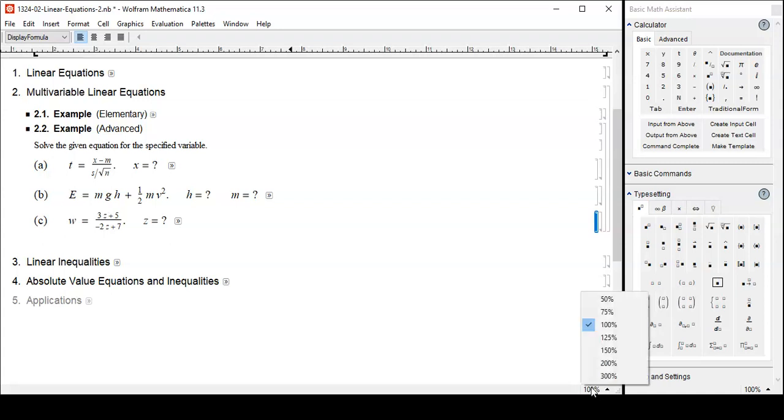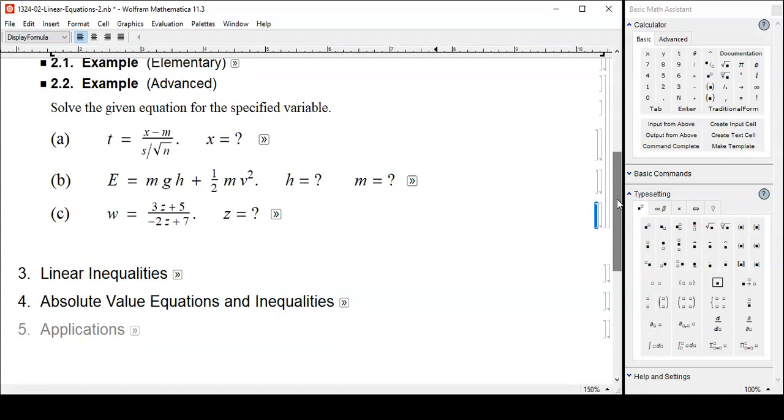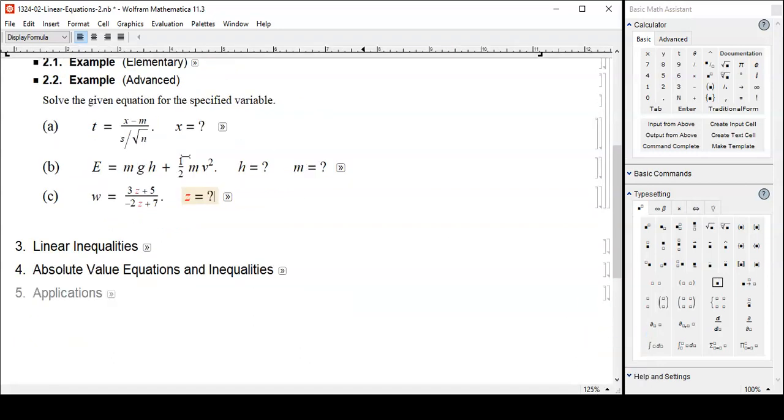We have fractions here, so I'd like to have bigger font, and then we are looking for z. To a certain degree, this problem resembles the previous problem in the sense that we have to take the like terms together.